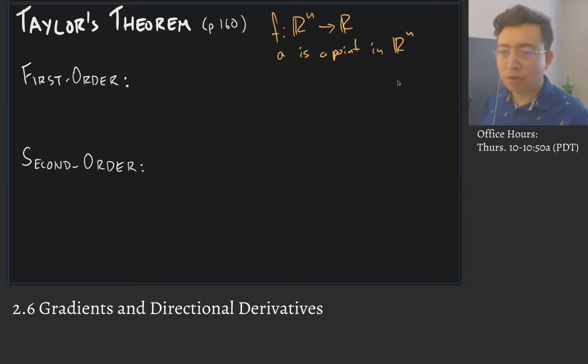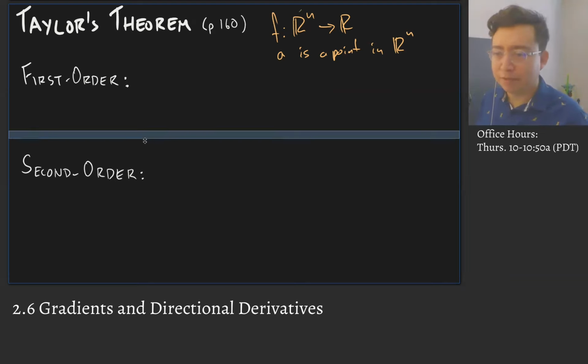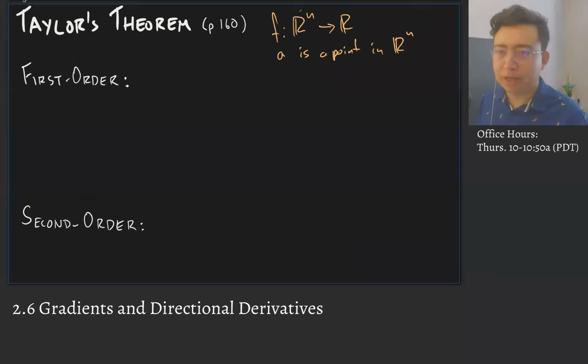So the first order Taylor approximation, the formula for the first order Taylor formula, is phrased like this. Let me give myself a little more room. We'll bring that back later. Again, we're computing points.